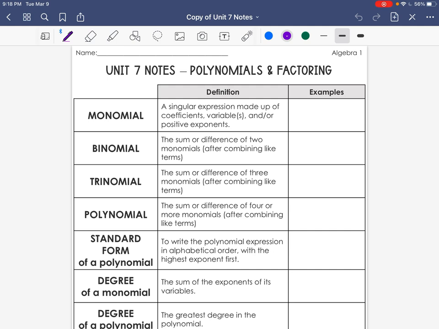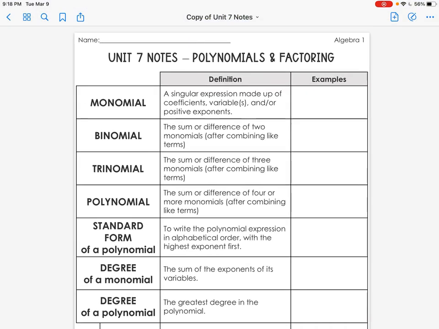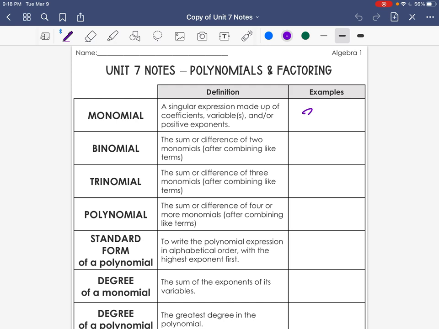So you could have something simple like 3 or 3x or 3x to the third. So anything like that where it's just a single term.